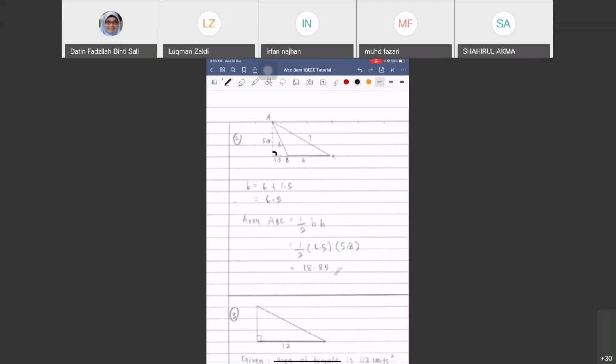I hope you can see from the sketch here, or you can refer to your book for the diagram. Then you have 1.5, and from B to C is given 6. Length AB from the diagram is 6, and length AC is given as 9.